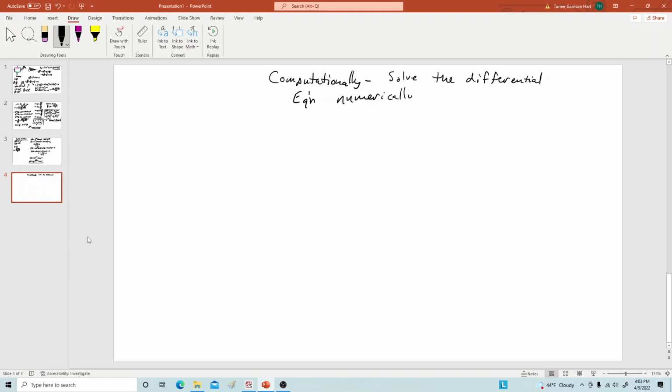numerically. Now there's a myriad of techniques that you can use. One of the most common is called the Runge-Kutta method. We're not going to do the Runge-Kutta here. Okay, I'm going to show you a simpler form, but we're not going to do the Runge-Kutta here. It's a little involved. But the form that I'm going to show you, this is sometimes called the Euler-Cromer method.